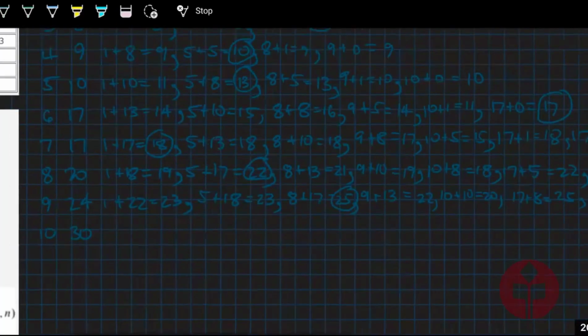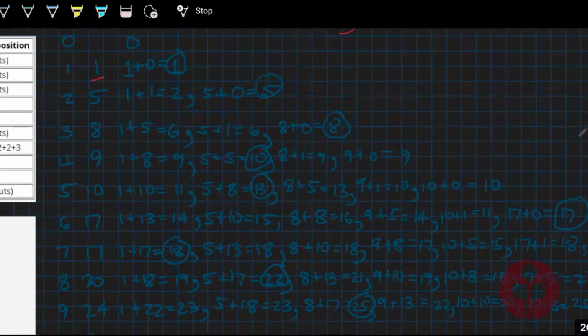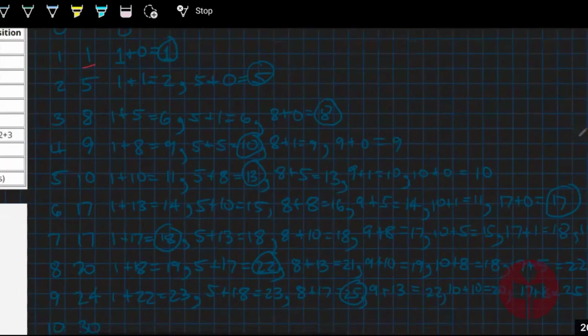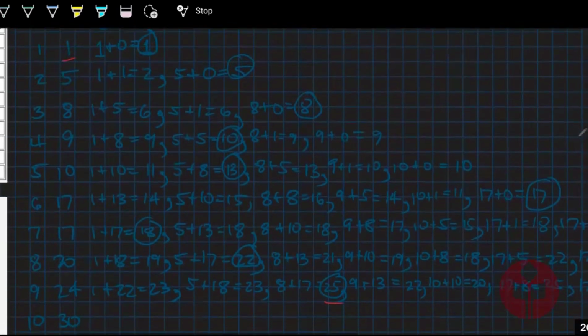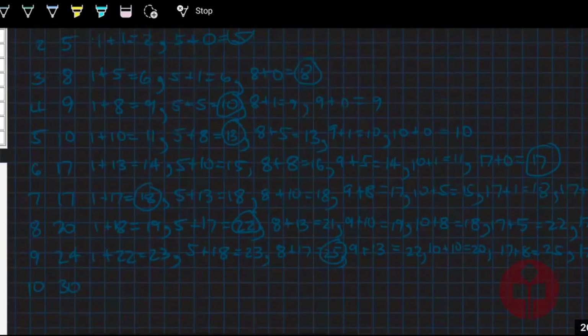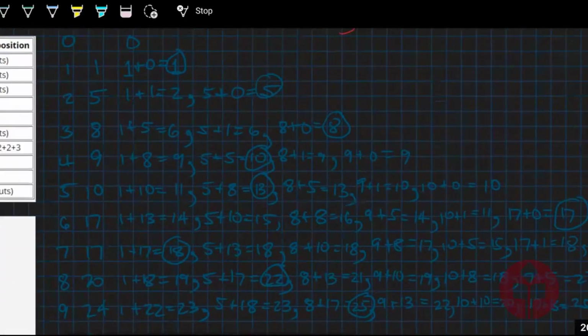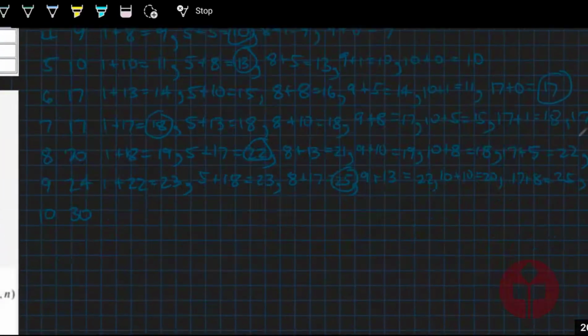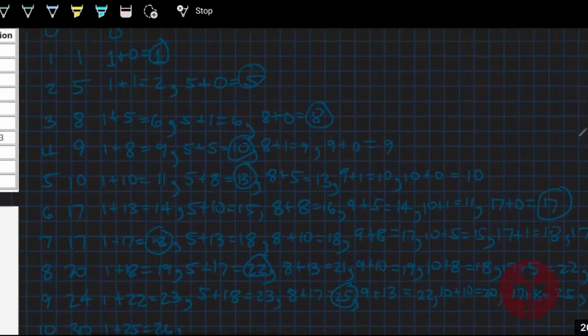So again, last row, 10 sums, starting with 1 and 25 are the two values we're going to add up together for the first sum. Okay, so 1 and 25. So we have 1 plus 25 is 26. Next, we have 5 and 22, right?